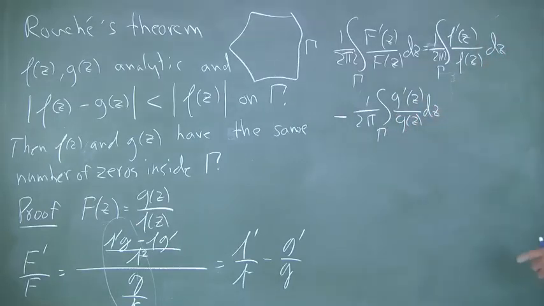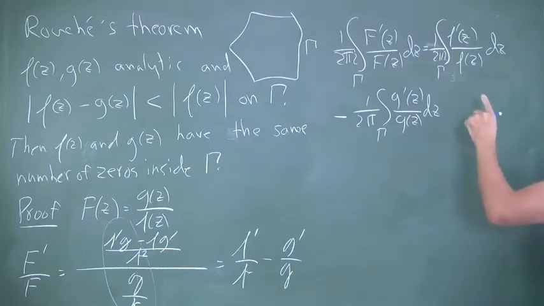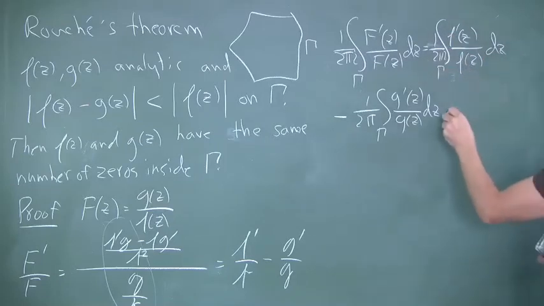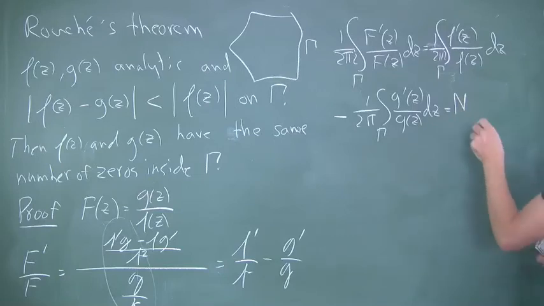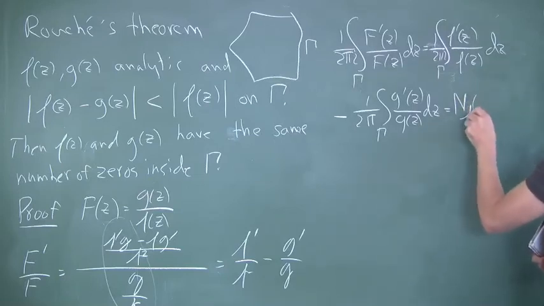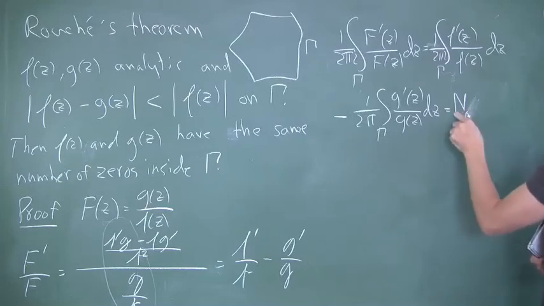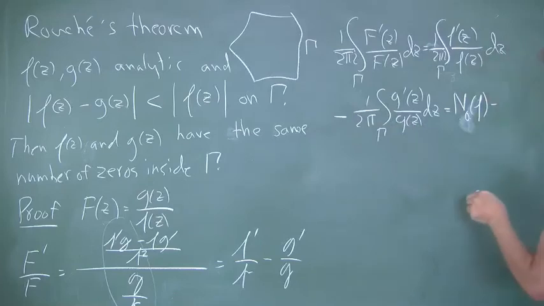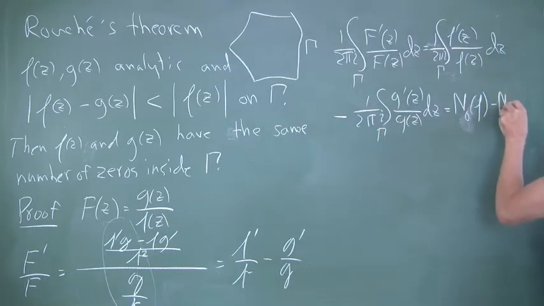And then we see that according to the argument principle, this first integral is exactly the number of zeros of f, which I denote by n naught of f. And this second term is equal to the number of zeros of g.